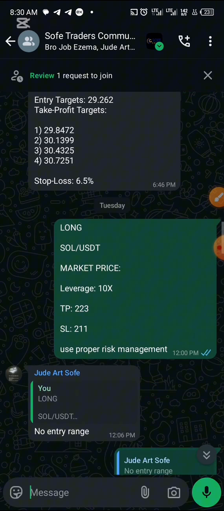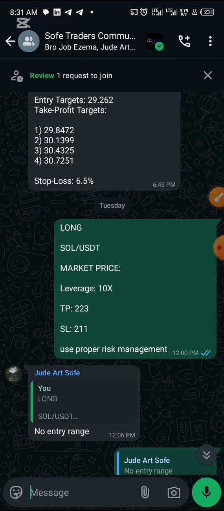Okay, last week Tuesday we posted a signal on SOL at market price, to actually buy at market price. Please check our video on how to place a trade on CoinEx if you trade on CoinEx. We explained what market price is, what leverage is, what a limit order is.